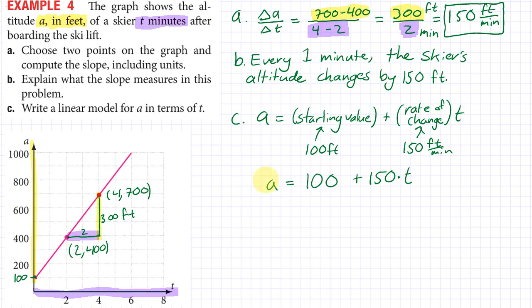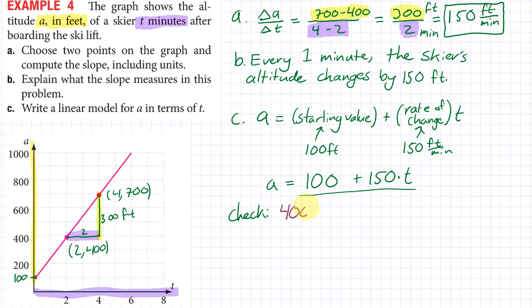Okay, so that wasn't too bad. Now, how can you check that this is really the equation for this? This is an important thing to do. If you come up with an equation for any kind of graph, you check it by making sure that the points on the graph are actually solutions, because that's what it means for this to be the graph of this equation. It means, for example, this point is 400. That means if you plug in t equals 2, A should be 400. So let's make sure that works.